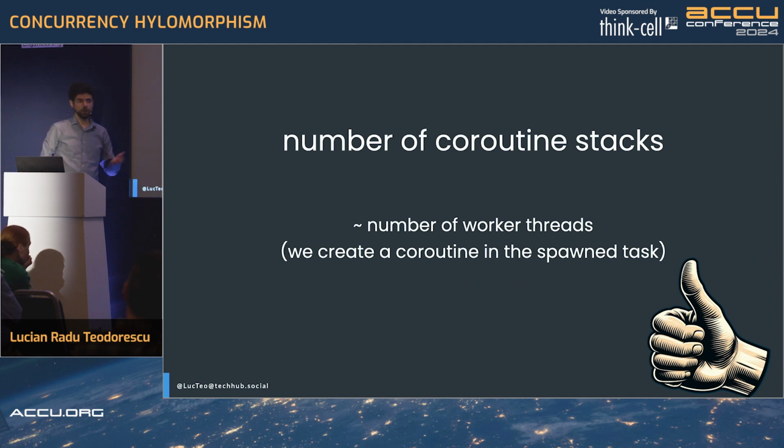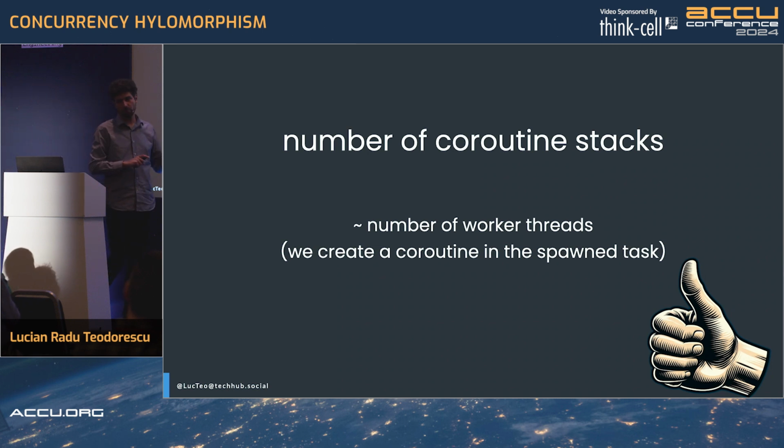So if you only have 10 worker threads, then you can only have 10 coroutine stacks. So the number of coroutine stacks is similar to the number of worker threads. In my model, I'm also having a stack for await that's easily optimizable, but in general, you get the idea, right? So it's bounded.